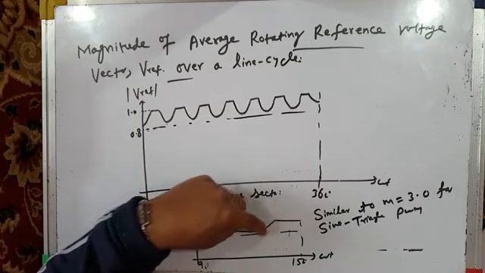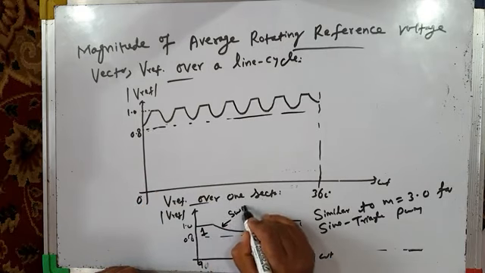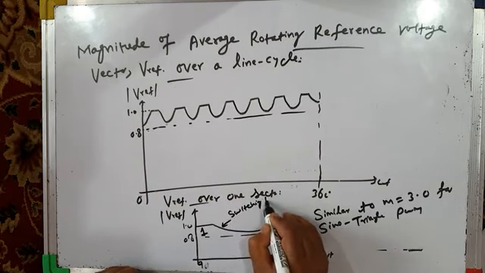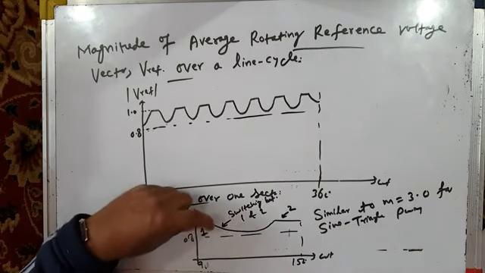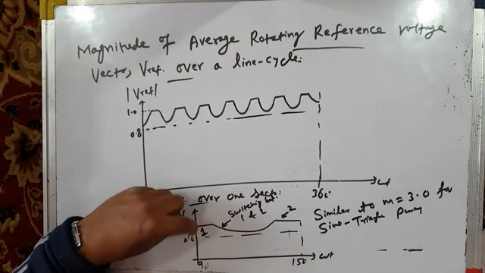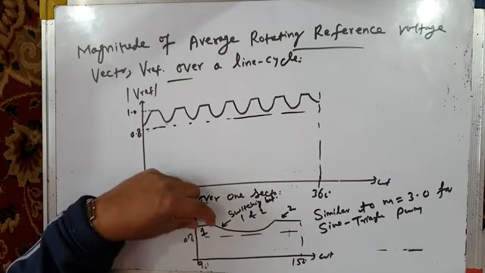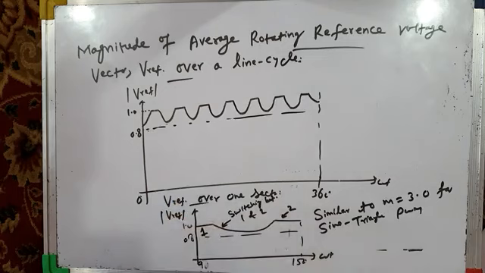And then during this period, there will be switching between active vector 1 and active vector 2. I will write here switching between active vector 1 and active vector 2, and during this period only active vector 2 will be applied. So first active vector 1 will be applied over a large number of samples for some time, and then there will be switching between active vector 1 and active vector 2, no null vector is applied, and then active vector 2 will again be applied for some fairly good time.